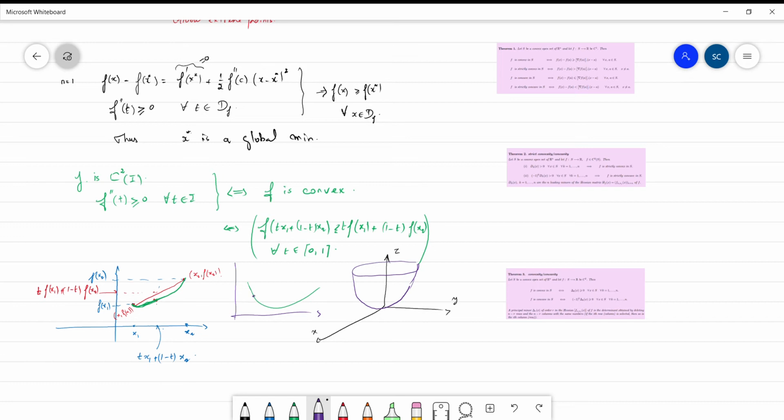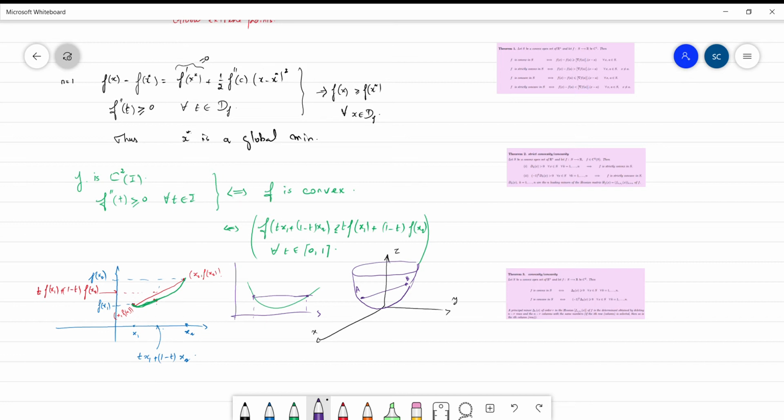Any two points you take, you join them, and the values taken by f along the segment remain less than the corresponding segment. Similarly, if you take two points A and B on the surface and look at the values taken by f, they remain smaller, the same idea.